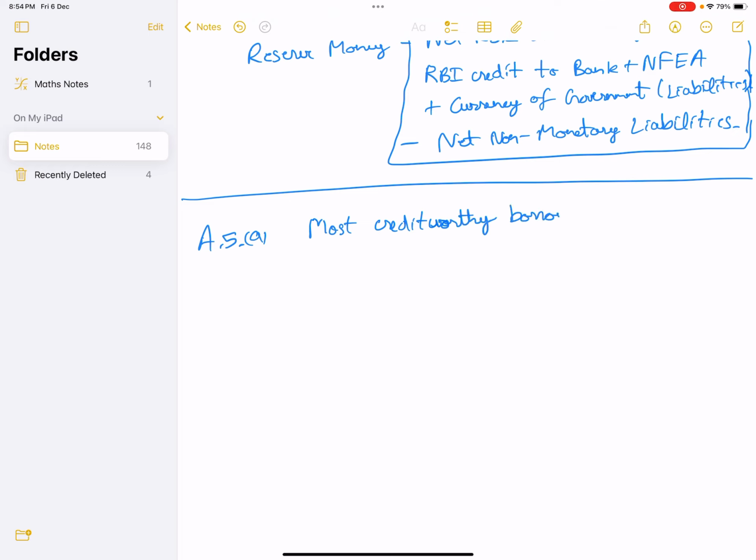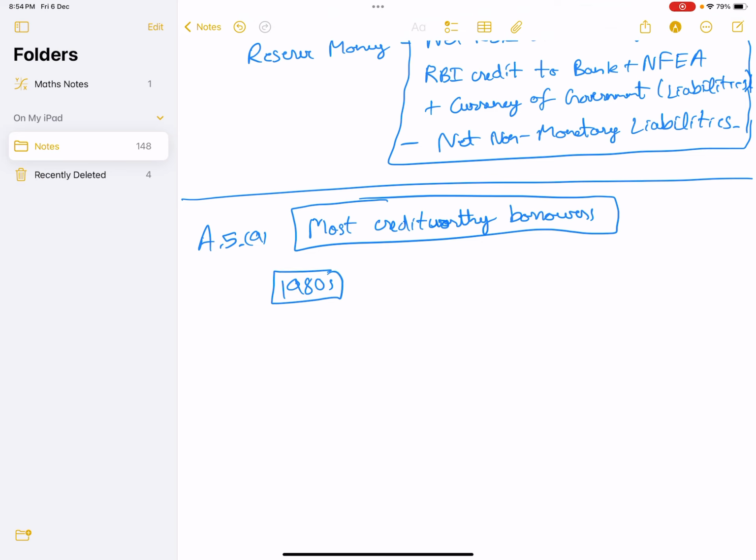You can tell before this how the interest rate was regulated, till the 1980s, that banks were supposed to lend to a specific sector at a particular interest rate only.